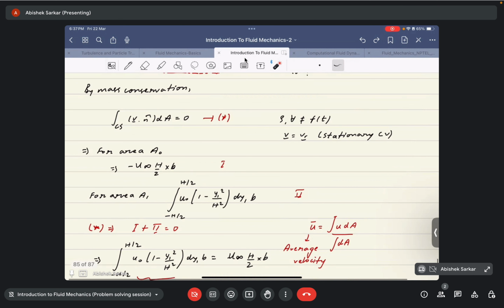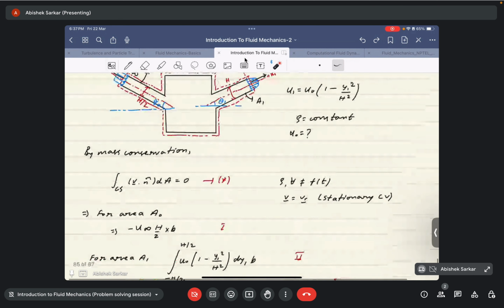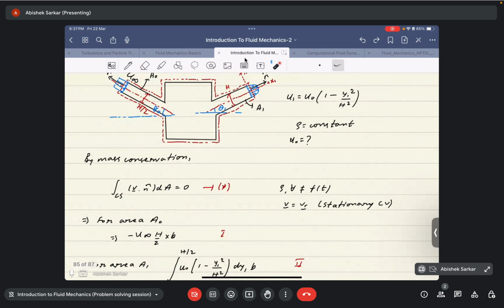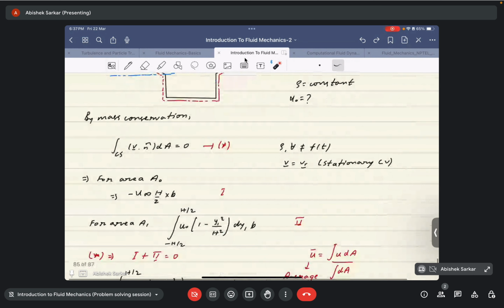And for the area A1, we can find the net volume flow rate by taking the integration over that particular area. So the net volume flow rate will be equal to the integration of u0 times (1 minus y1 square by h square) dy1 into b, from minus h by 2 to h by 2.